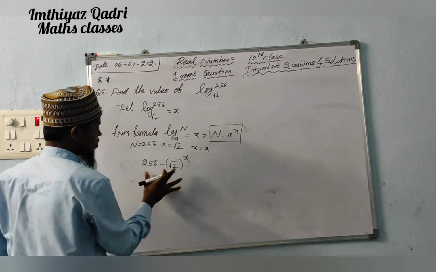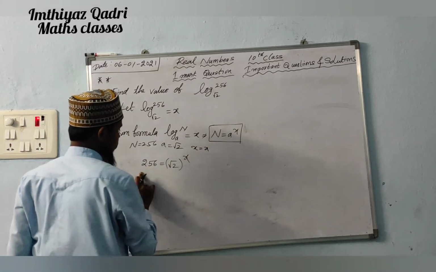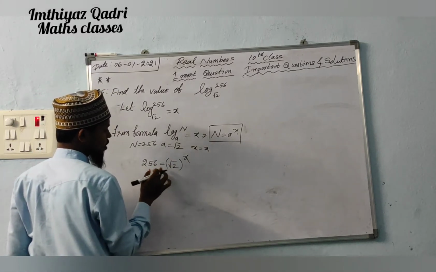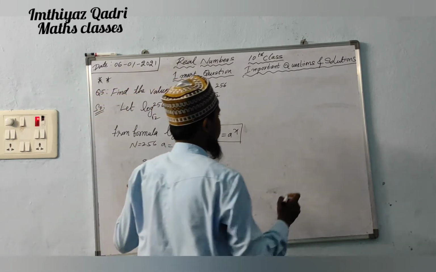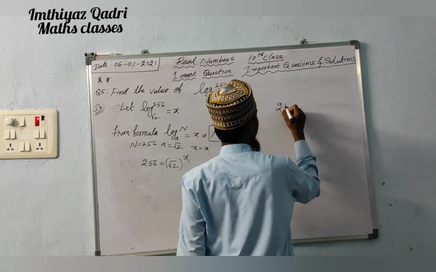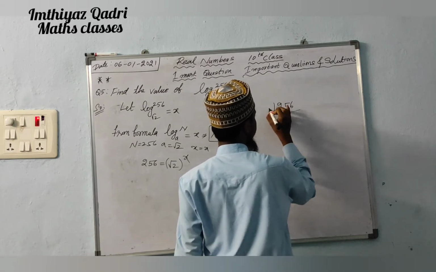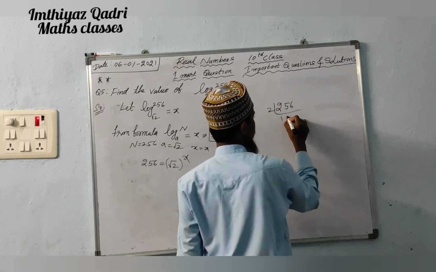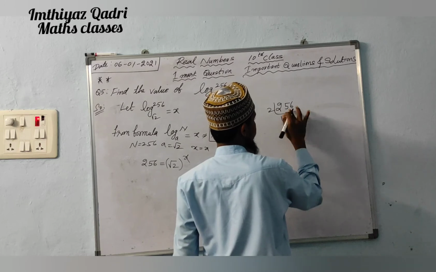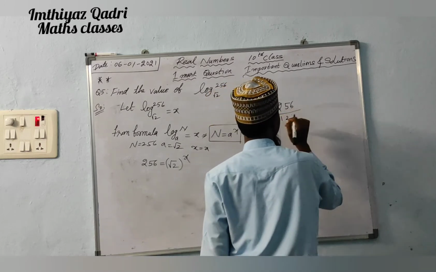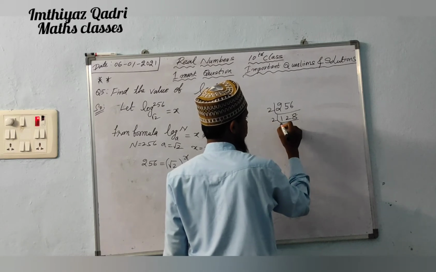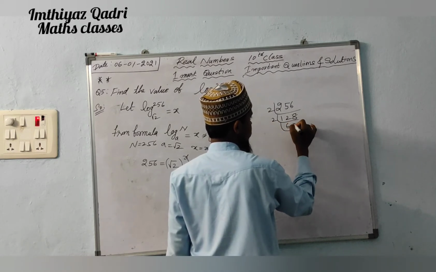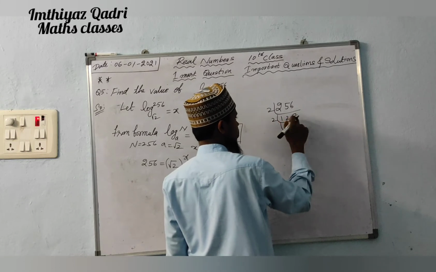Now in this we are converting bases same. So 256 LCM. 2 1 are 2, 2 2 are 4, 2 8 are 16, 2 64 are 128, 2 128 are 256.